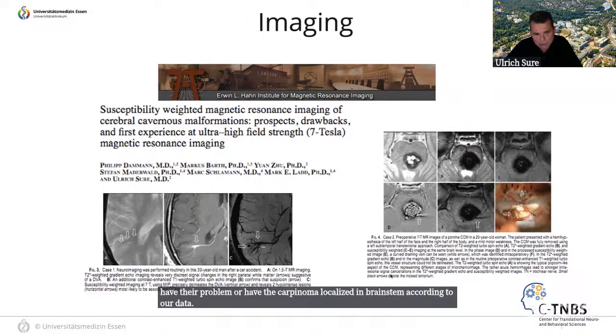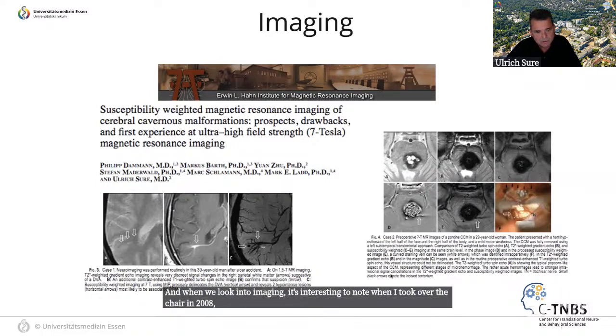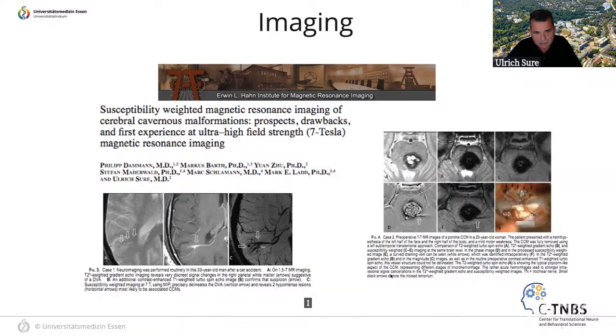And when we look into imaging, it's interesting to note, when I took over the chair in 2008, I found the Erwin Hahn Institute here in Essen, that was one of the first to perform 7 Tesla imaging in humans. And we started early on to look at them in detail.